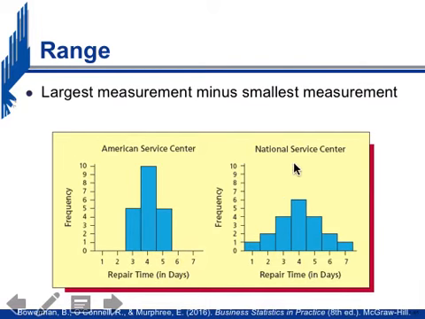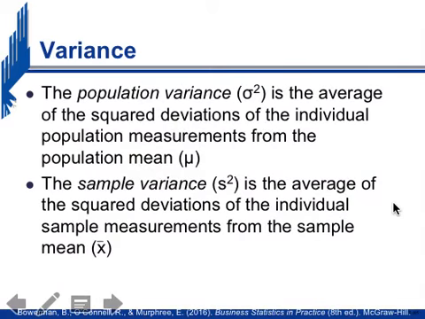The range for the National Service Center is bigger compared to the range for the American Service Center, implying that the National Service Center's numbers or measurements are more varied or more scattered, and that's something that we can see visually. Now, aside from the range, we also have the variance, because the range is not really the best description of the variation, because we know that the range is affected by extreme values.